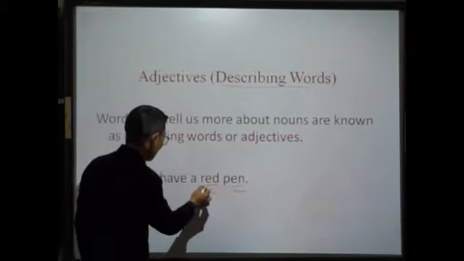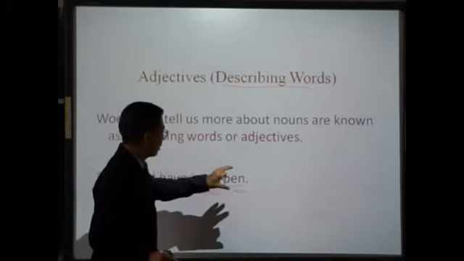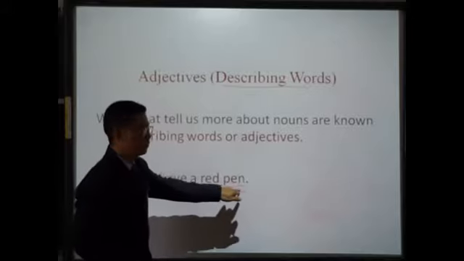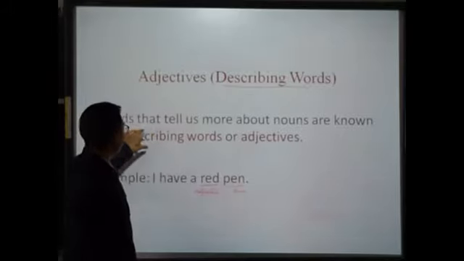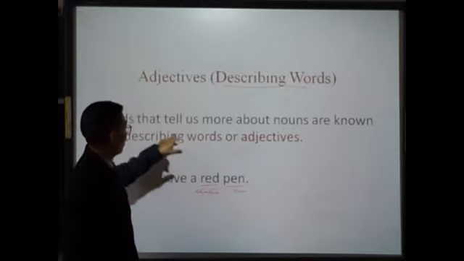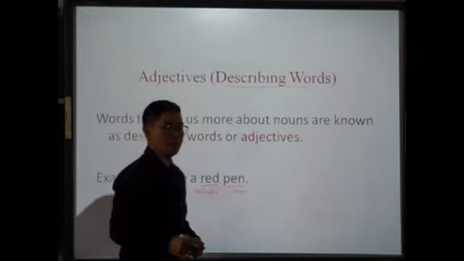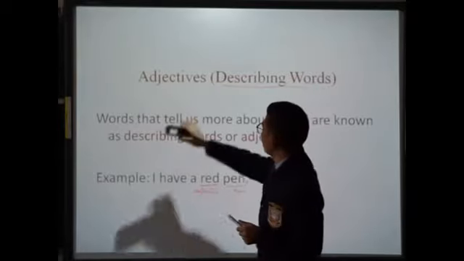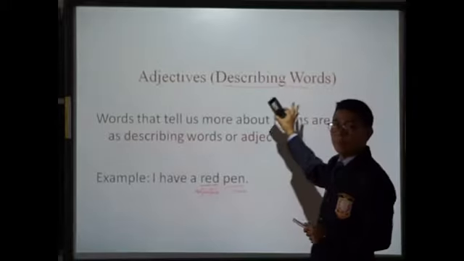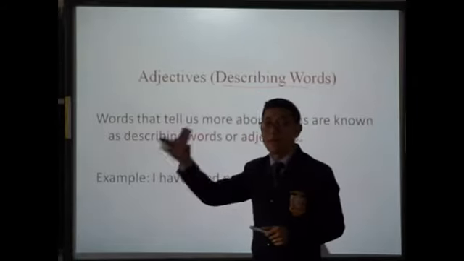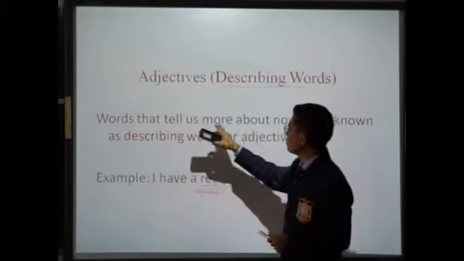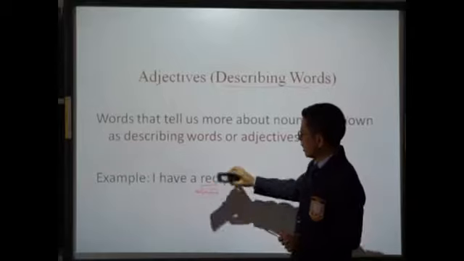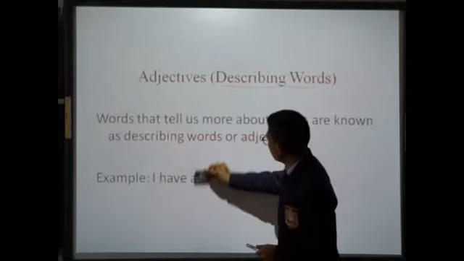So the word red describes the color of the noun. The noun is your pen. So this is the describing word red, and it describes the color of the noun, that is pen. Adjectives are simple describing words. Words that tell us more about nouns are known as describing words or adjectives. Examples I have shown you.